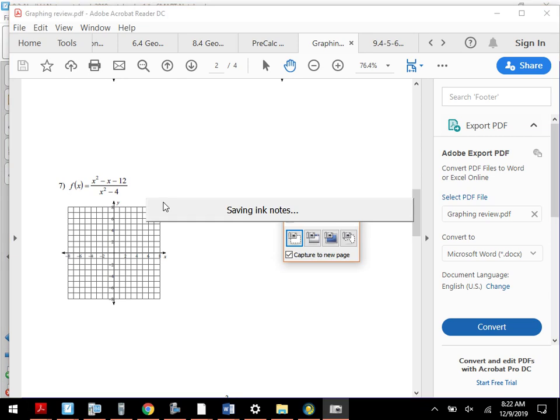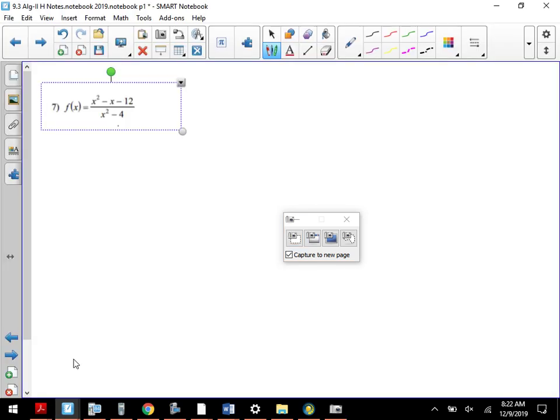Go through 7. Factor the numerator, you get what? -4 plus 3.